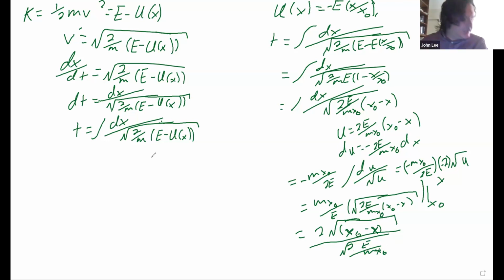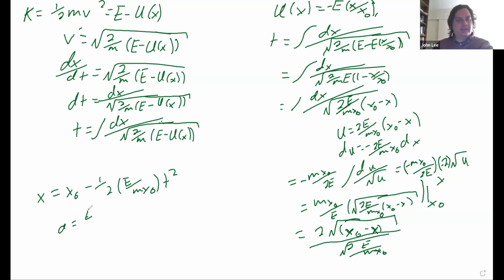So when we solve for x, this gives us x equals x naught minus 1/2 e over m x naught t squared. So this is just the equation for acceleration, with e over m x naught being the acceleration.